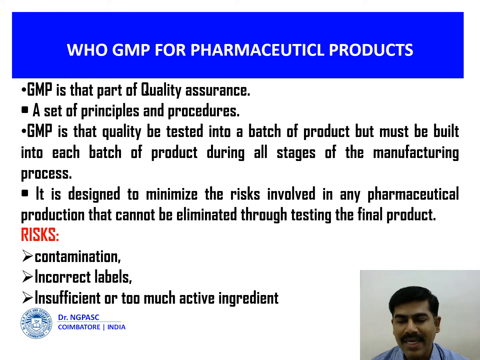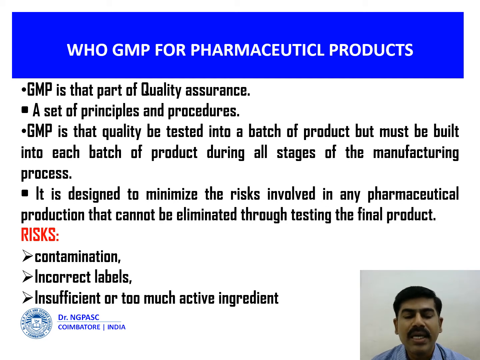So there are some risks involved in these manufacturing processes. That is the risk of contamination. This contamination is the major problem in pharmaceutical manufacturing processes, and also incorrect labels. So it leads to very major mistakes during the manufacturing processes.